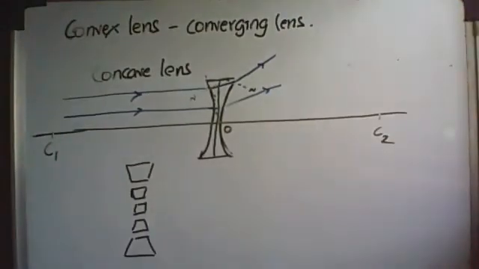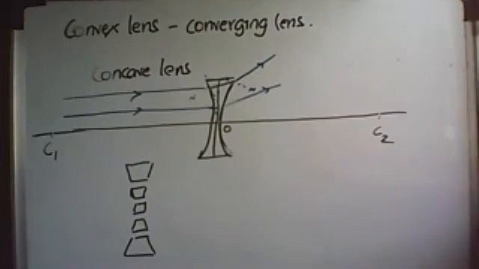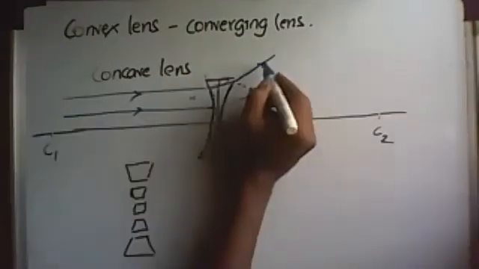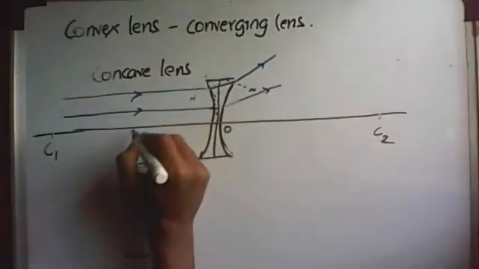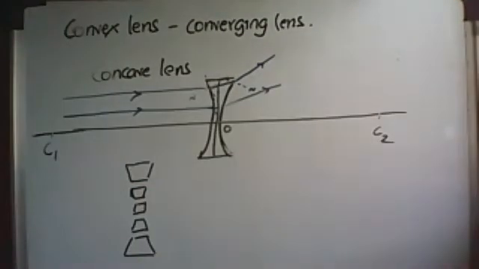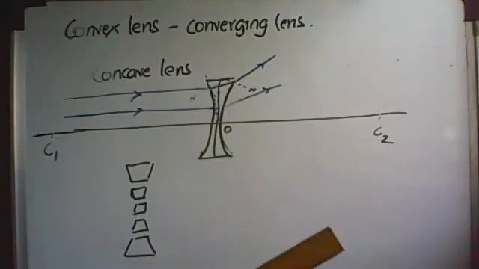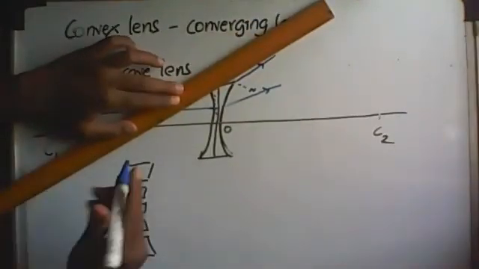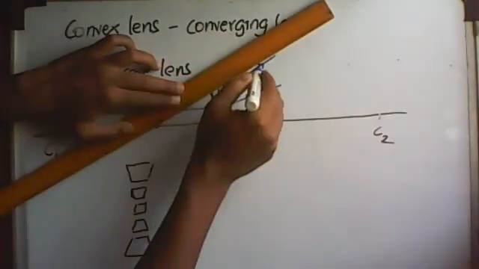Okay. So now comes the important part, which is that if you produce these rays backwards now, these rays when produced backwards, they are going to converge at a particular point on the principal axis.